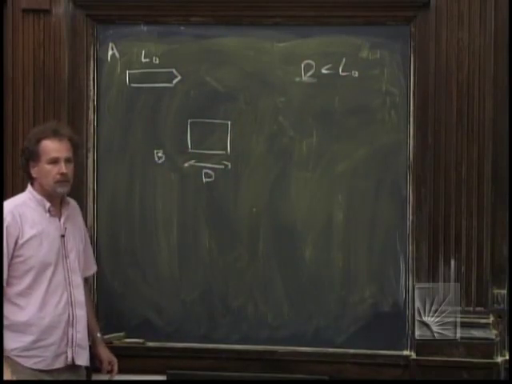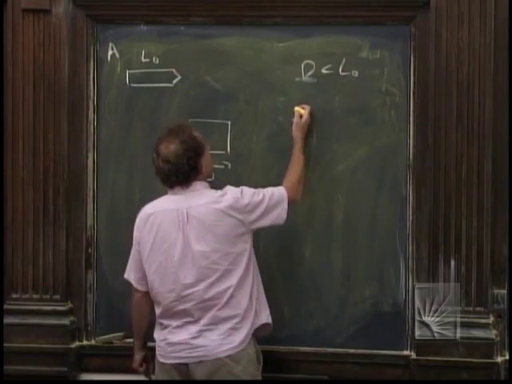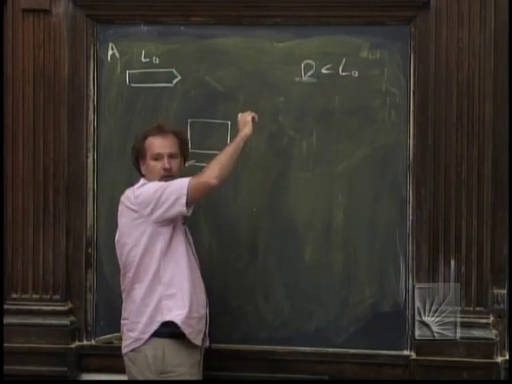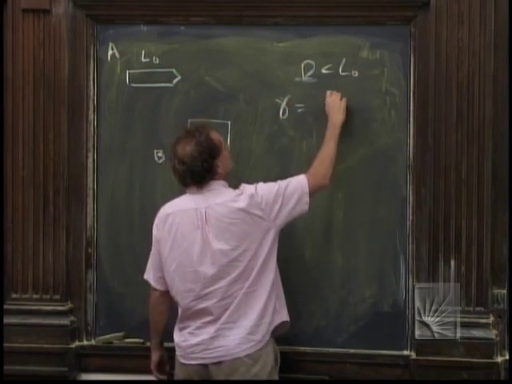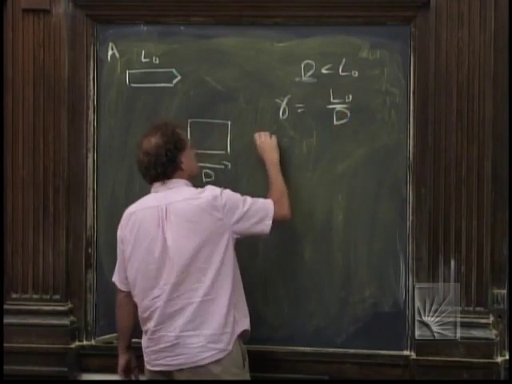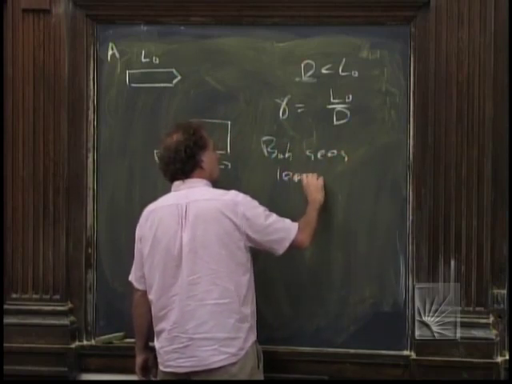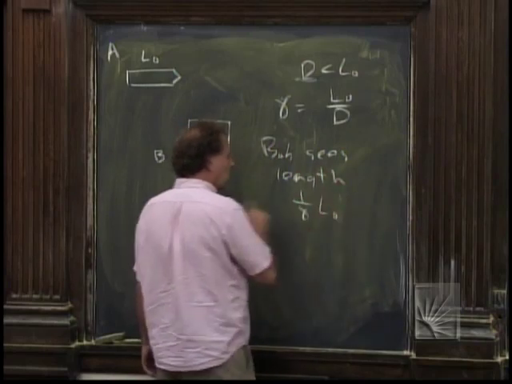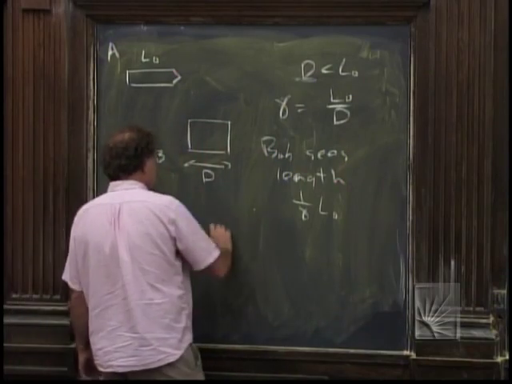Simple enough, okay? However, if Anna is going fast enough, and in particular if Anna is going at a speed such that gamma is equal to L0 over d, Bob sees length 1 over gamma L0, and so Anna just fits.